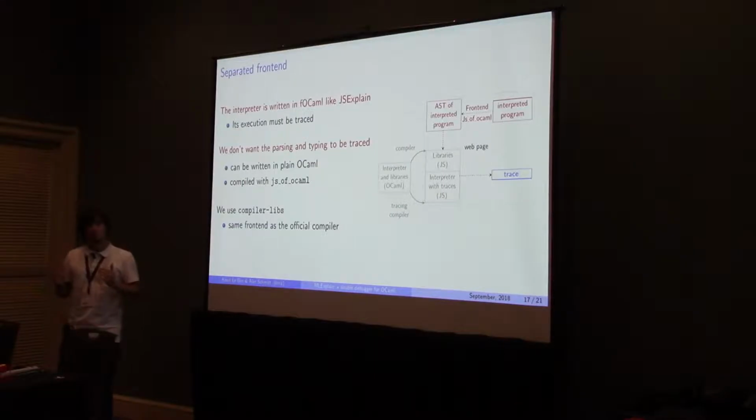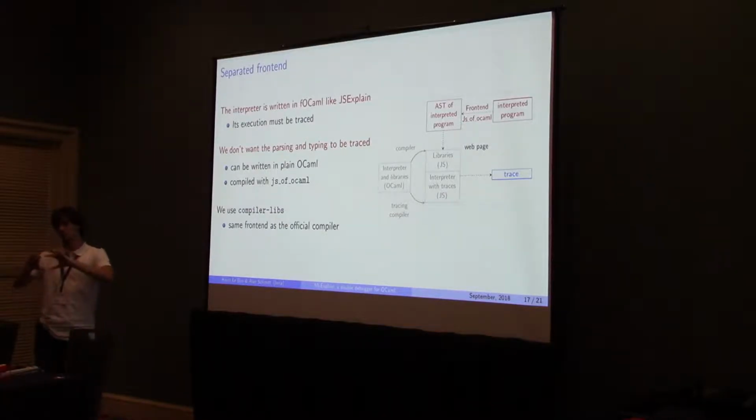In our interpreter, we don't put everything in the same binary, which means that we separated the front end, which is the parsing and the typing process, from the pure interpretation of the program, for two reasons.